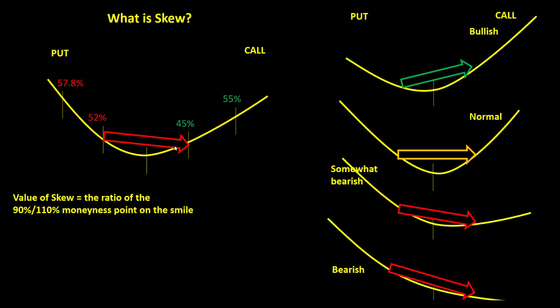So we compare those two numbers and we say, okay, how is this ratio of the two evolving over time? But you can see that if the put is cheaper, it's bullish, or if it's flat, it's neutral or normal, and if it's going down, meaning the puts are higher than the calls, it's kind of bearish, right? So how is that point in history is what we're trying to look at.